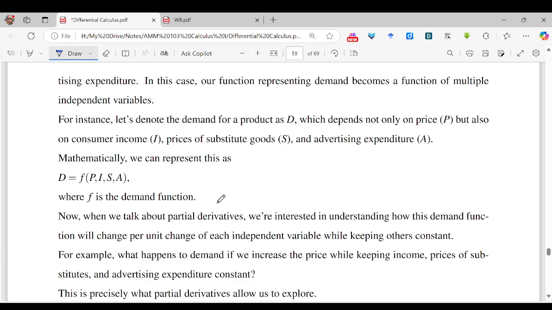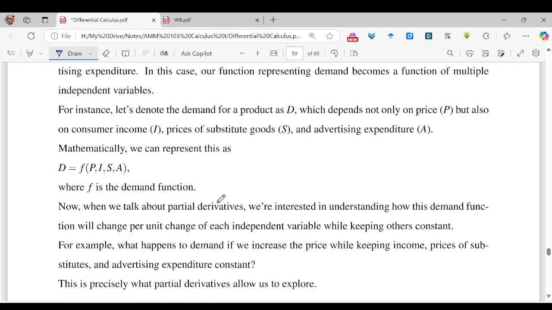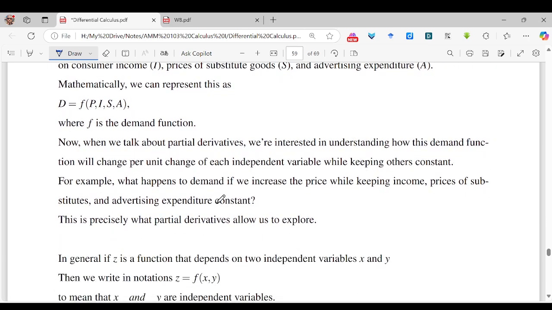So now, when we talk about partial derivatives, we are interested in understanding how this demand function will change per unit change in each of the independent variables while keeping others constant. For example, we ask, what happens to the demand if we increase the price of this commodity while keeping the income of consumers, prices of substitute goods, and the advertising expenditure constant?